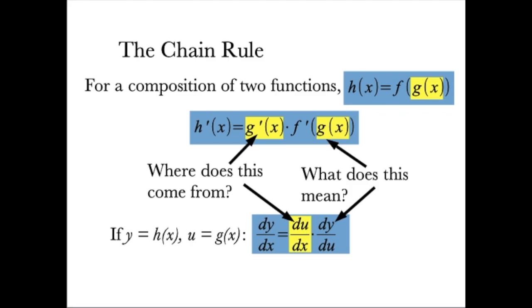We're trying to understand where these two terms, these two things you're multiplying together in the chain rule, come from. Firstly, on the right, what does it mean to take the derivative of a function with respect to another function? And then on the left, why do we have to multiply our derivative by this second derivative?